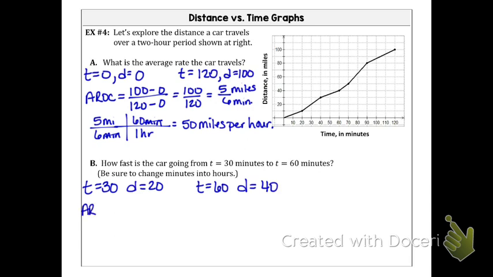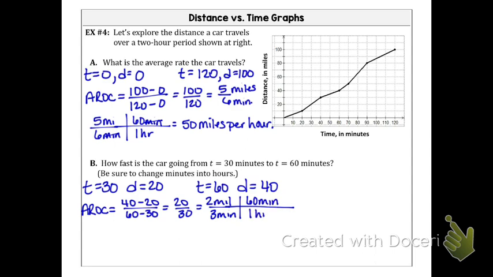All right, so 40 minus 20 over 60 minus 30. So it's 20 over 30. So 2 miles every 3 minutes. I want to change that to miles per hour. So I know 60 minutes is in 1 hour. So that gives me 40 miles per hour.